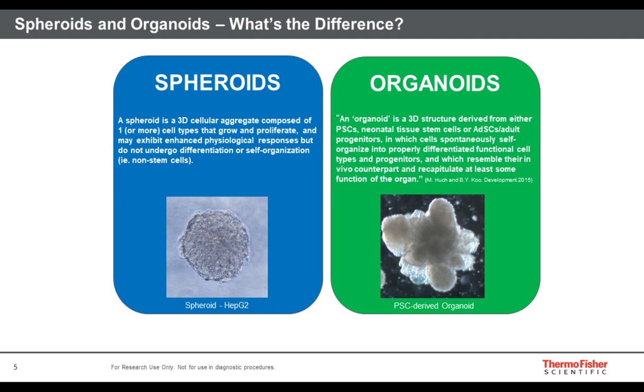However, when I talk organoids, what I'm really talking about is a stem cell derived model. These can be models derived from either pluripotent stem cells, such as embryonic stem cells or induced pluripotent stem cells, or they can be cells isolated from adult or embryonic tissue, in which a tissue specific or tissue resident population of progenitor or stem cells are able to self-organize into little microtissues that resemble the organ from which the cells were originally isolated.